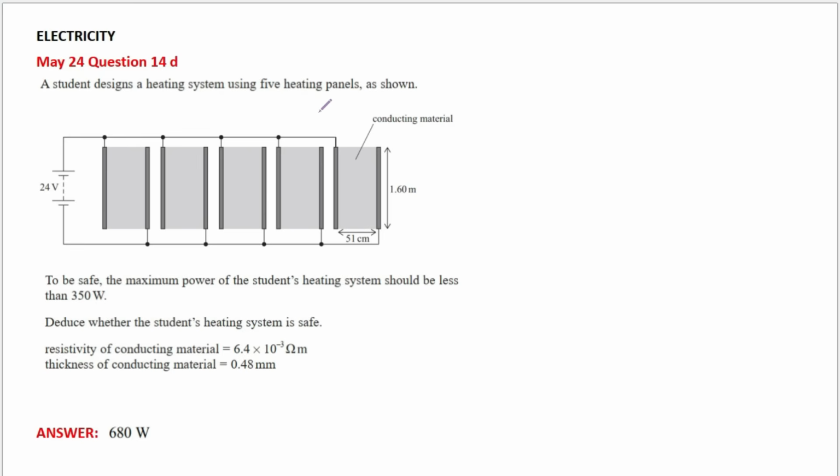Next, let's find the resistance of one of these conducting plates, right? So it's not very easy to visualize the question. So I have a suggestion for you. For questions like this, it's always a good practice to draw a diagram of your own.